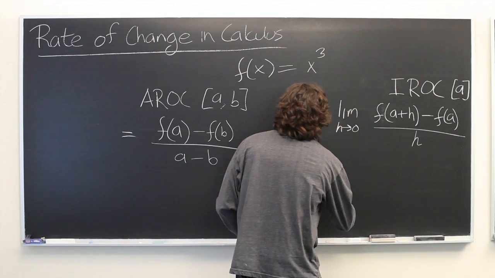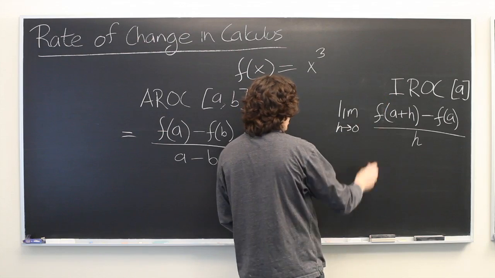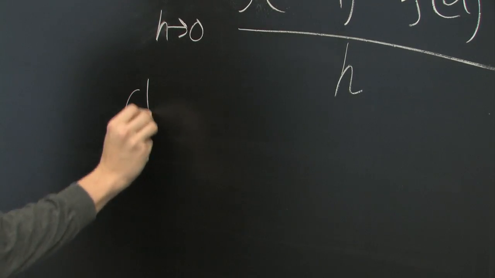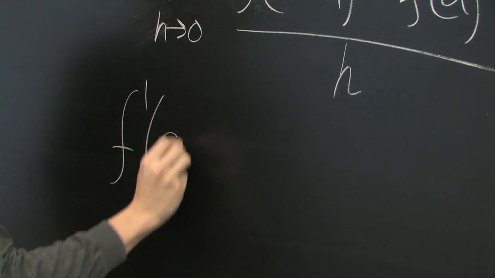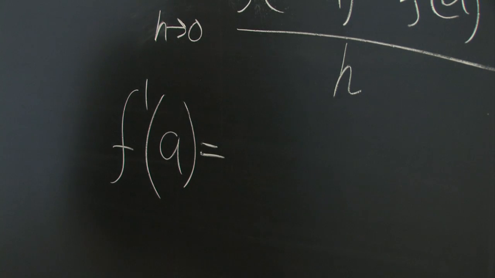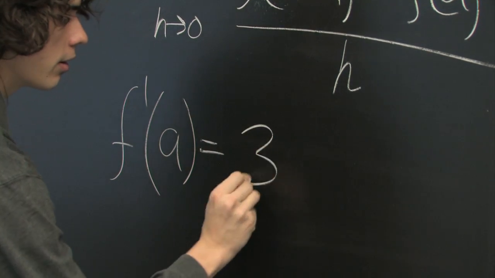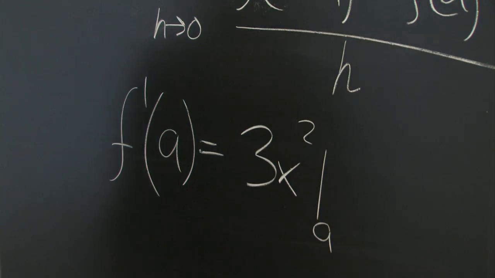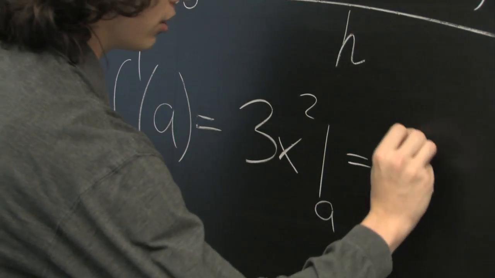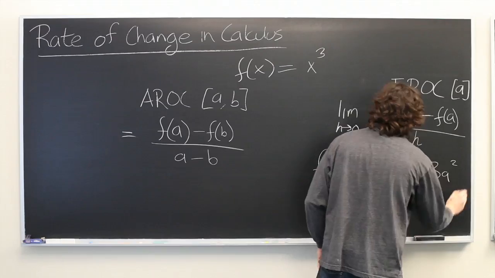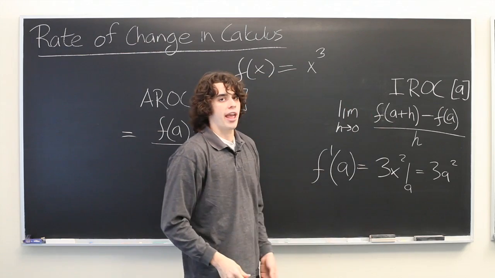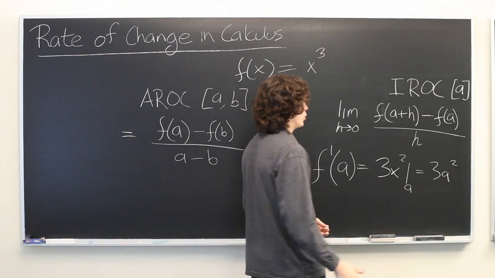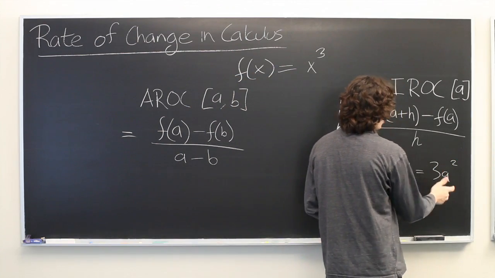And so if we want to find the instantaneous rate of change of f at a, sometimes indicated by f prime at a, well, we'd simply take 3x squared at a, which just gives us 3a squared. So for example, if a were 2, we get 2 squared is 4, times 3 is 12.